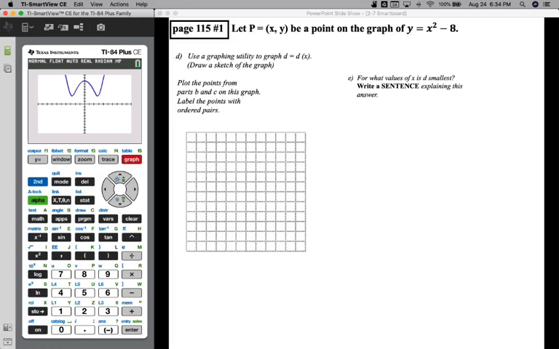So we are going to sketch that, and it's going to be a very, very rough sketch. But before we do that, let's talk about E. The last piece asks us this: for what values of x is the distance the smallest? So remember, we just graphed the function that represented distance.